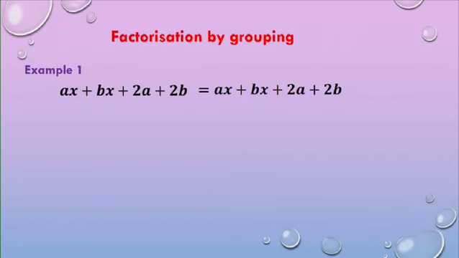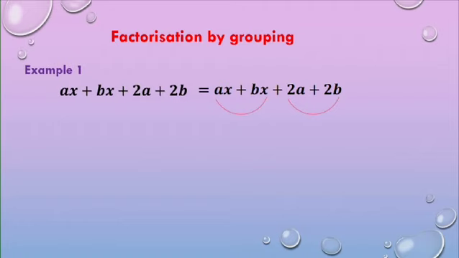There is no common factor of the 4 terms, but we do have a common factor of the first 2 and a common factor in the next 2 terms. So we're going to call this factorization by grouping. That is, we are making 2 groups of 2 algebraic terms.